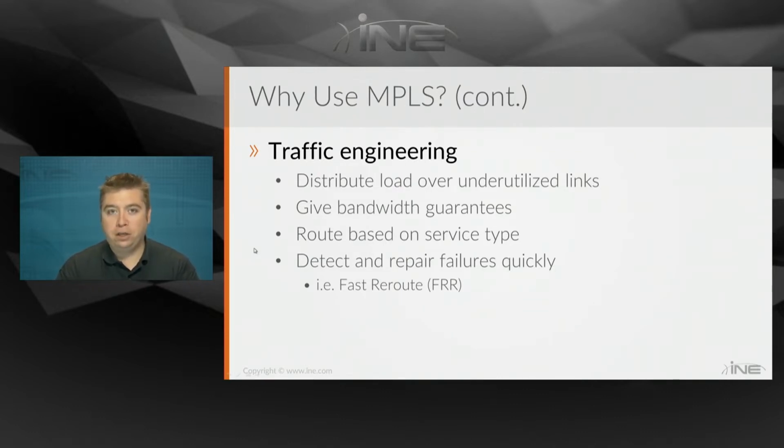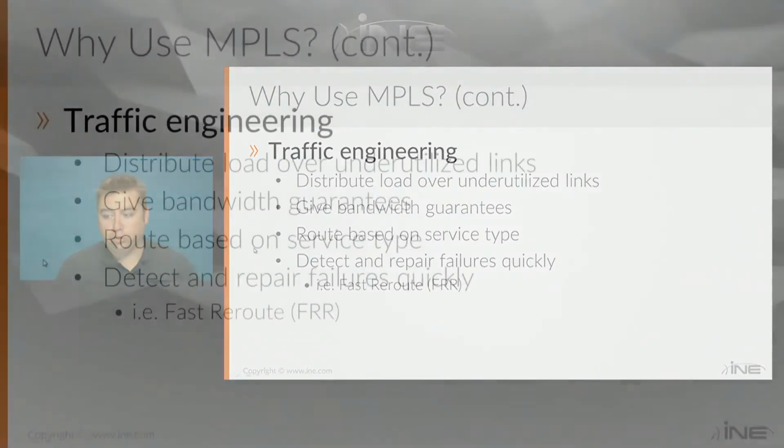But with MPLS traffic engineering, we can manually define policies that say, I want some traffic to be distributed on the older or slower links, or based on the type of service, maybe voice or video traffic, we want to make sure that it is not going over high delay circuits, like maybe satellite links. We can do this based on a user-defined policy that we ultimately control.